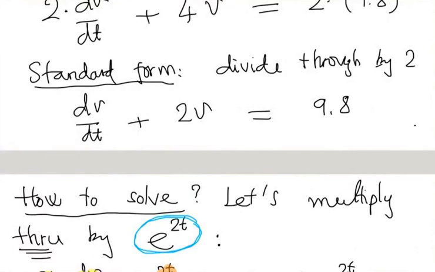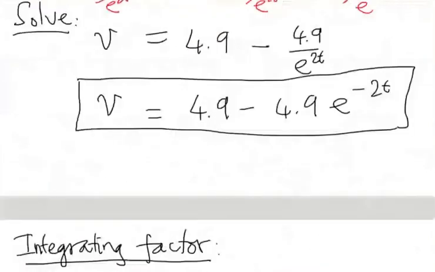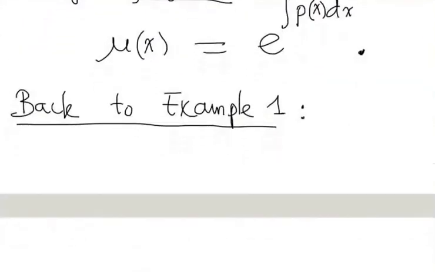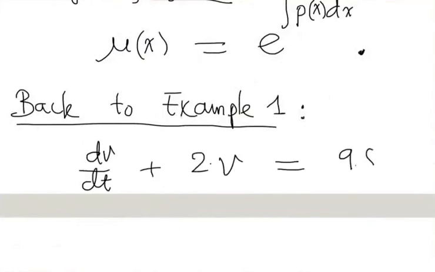How do we determine the integrating factor? In the example, I just gave it to you out of the hat: the integrating factor is e to the 2t, but now we can explain why.